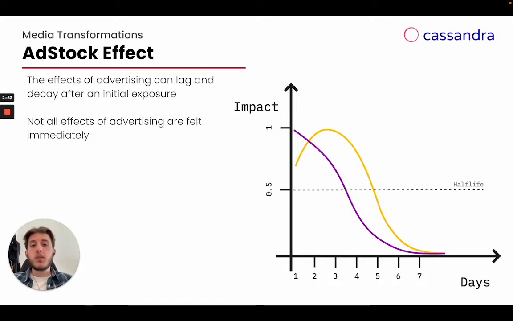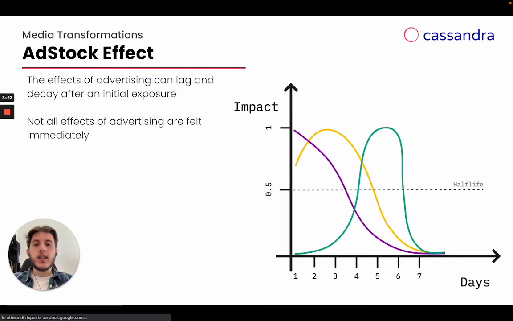So most of the people will not be sure about buying right away once they see your ads on Facebook, but maybe they want to get back home and search for your e-commerce from their computer, get more information, think about it a little bit, and then buy. Or maybe they didn't need the exact item that they saw in the ads, but maybe they figured out that they could use it like 3 days later. So that's another thing that could be happening, that we want to model with the Adstock effect.